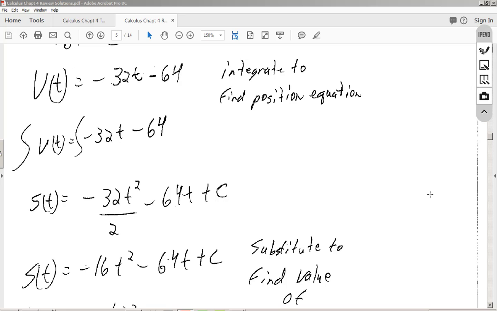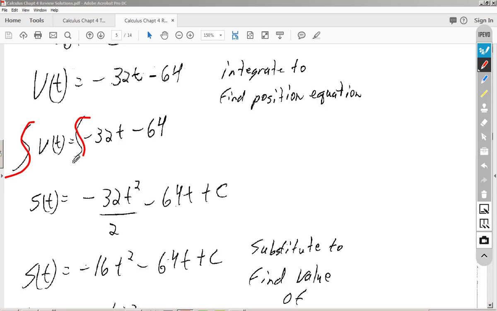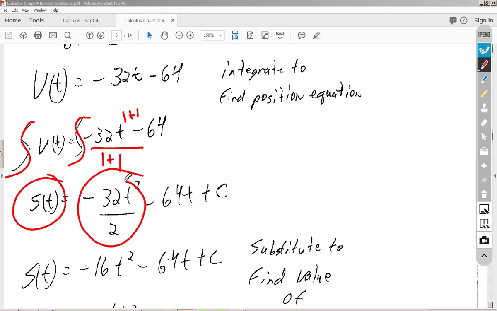Okay, now I'm going to go backwards with it again. So going backwards to find my position equation. So the integral of v of t is your position, which is s of t. I'm going to go ahead and integrate negative 32t. So remember that's the 1 plus 1 all over 1 plus 1. So when I do that, I get negative 32t squared all over 2, which gives me that negative 16t squared.